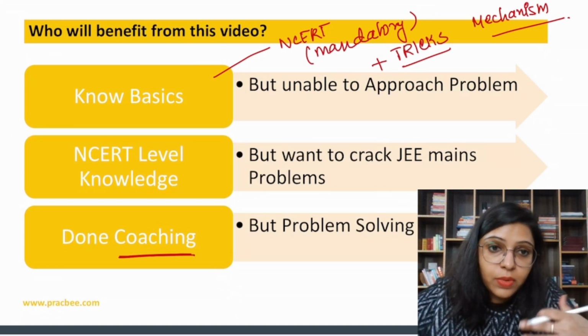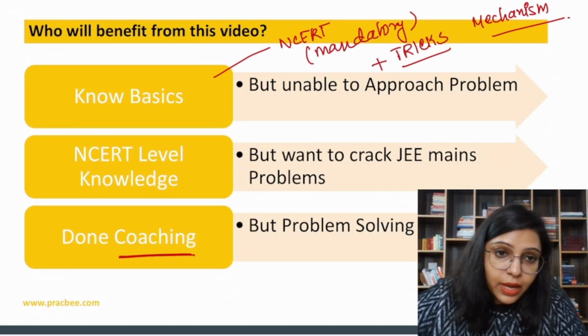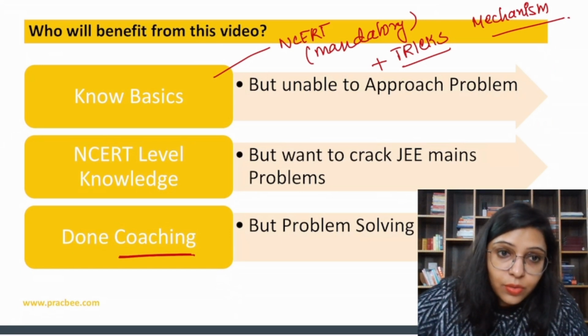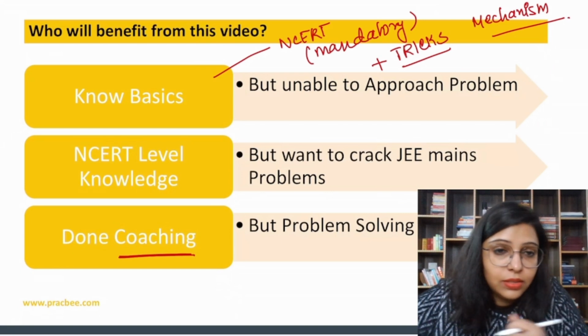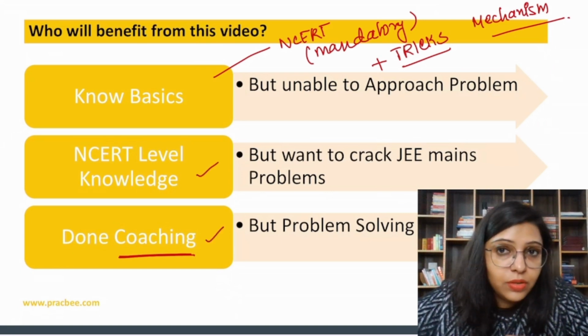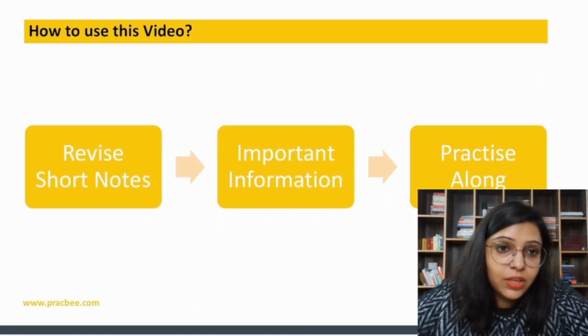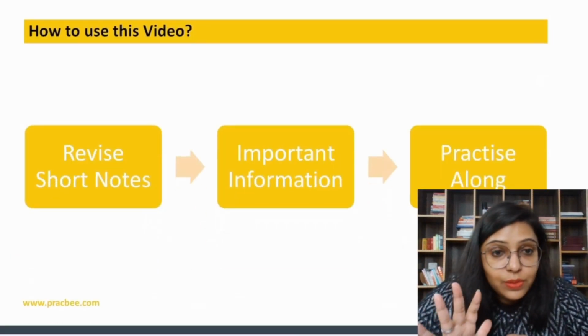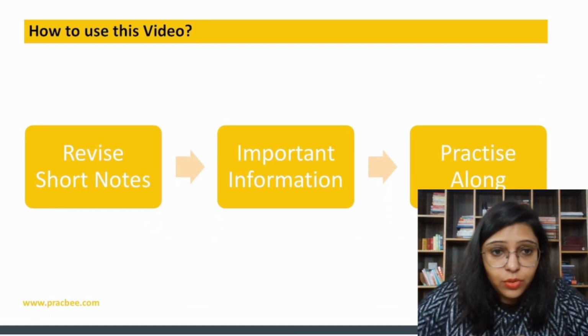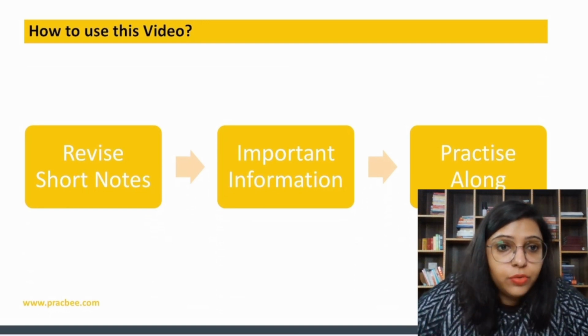So just try to memorize well and try to apply these similar tricks in similar kinds of questions. That is the important thing. So this video is only for students with NCERT level knowledge who have taken coaching somewhere, and you should practice well. You should do the revision before seeing this video, otherwise it will not be fruitful to you.